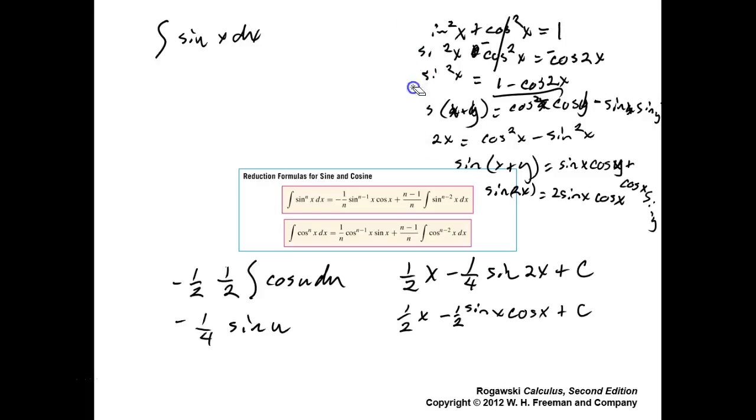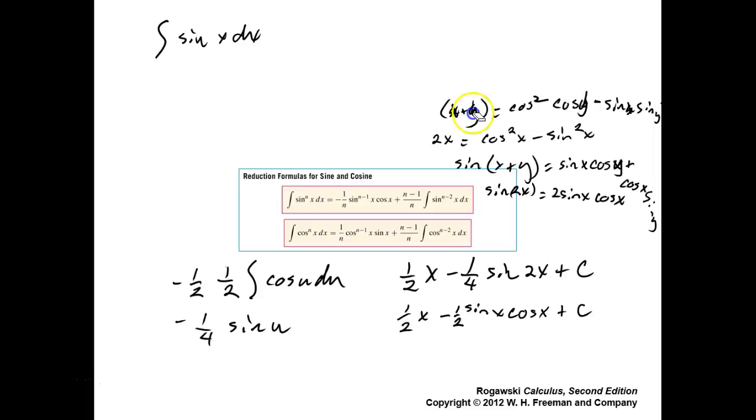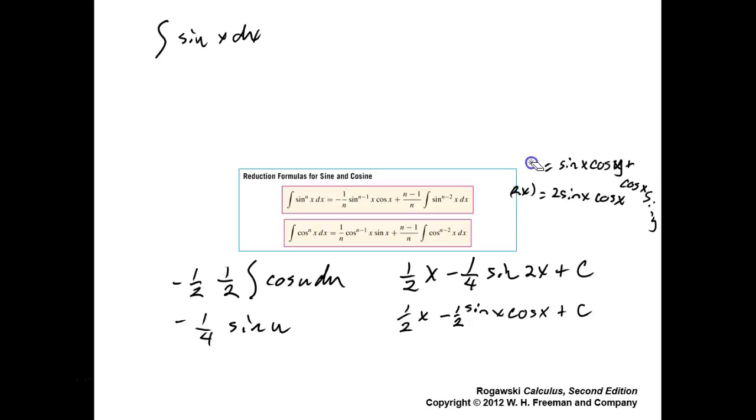This is taking way too long to erase because the pen is slow. Hopefully I won't need any of those, but if I need them, I can reproduce them. Okay.